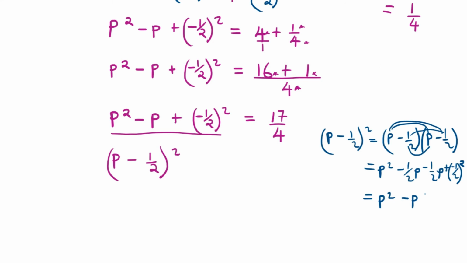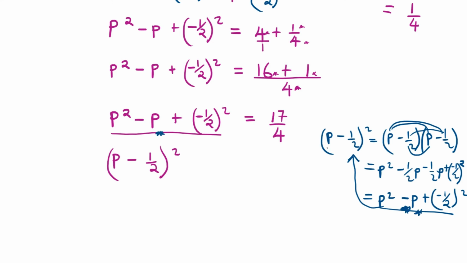Then plus in brackets negative half squared. So this part and this one, they are the same. And when we are saying those two parts are the same, we can see that this part here and that one are the same. So where there is this part, we can replace it by p minus half squared.